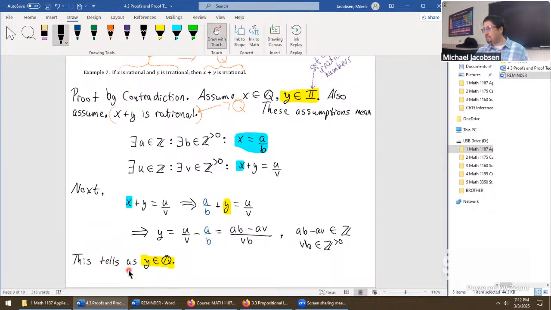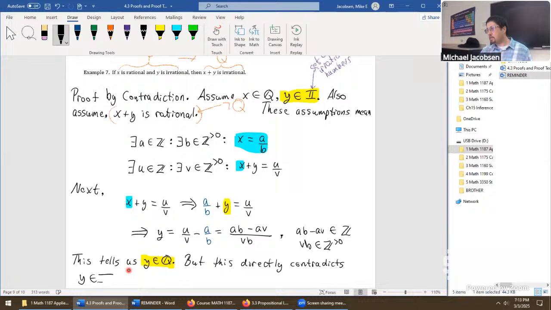So let's finalize those comments. y is in Q, but this directly contradicts y in I. Oh, that was supposed to be a highlighter. Sometimes I think it's a lag and the tool just doesn't switch to the next pen or highlighter, but who knows?